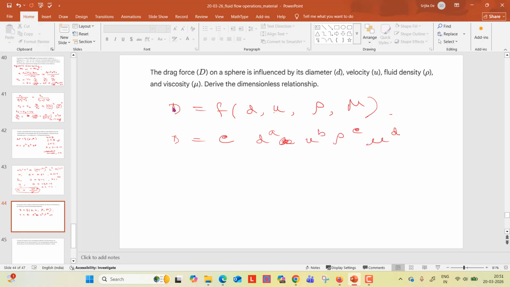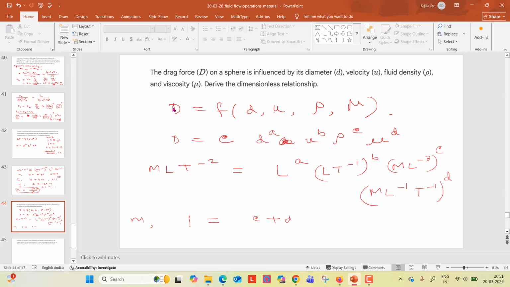So drag force, it is a force, it will be M L T to the power minus 2, then L to the power A, L T to the power minus 1 to the power B, M L to the power minus 3 to the power C, and M L to the power minus 1 T to the power minus 1 to the power D. So now if you compare, for M it will be 1 equals C plus D, right?